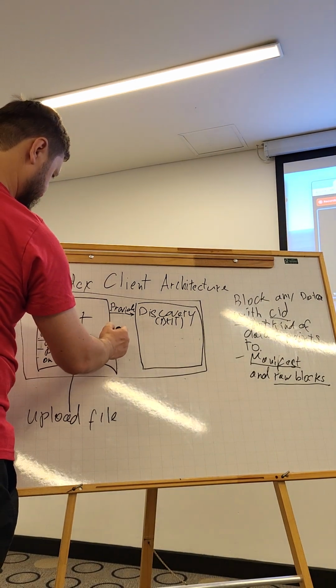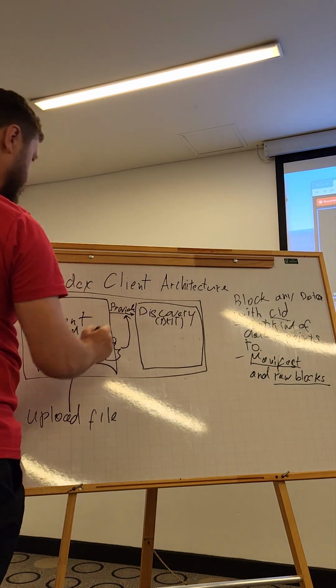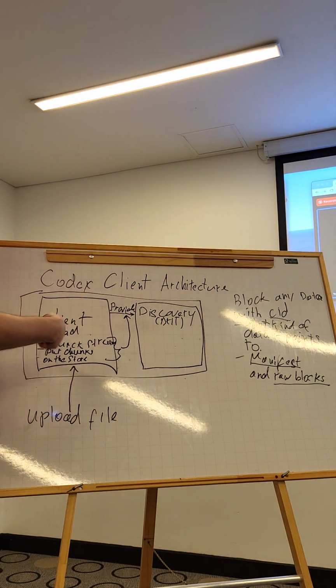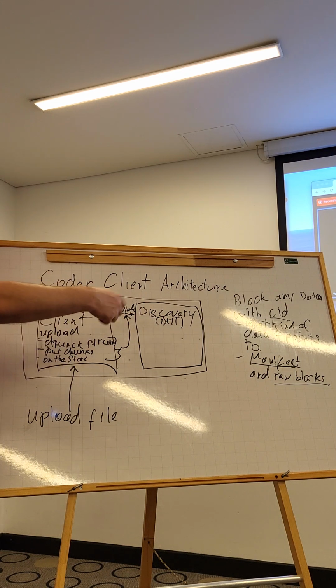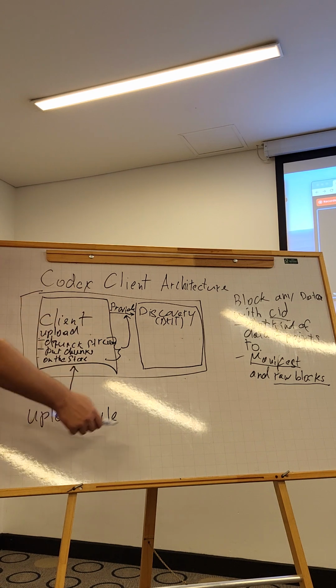So this will then trigger a provide call to the DHT with each of the chunk hashes, and it will let the network know that it's providing these chunks for this file that was uploaded here, right?